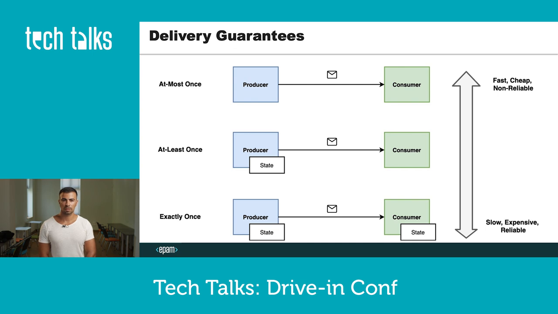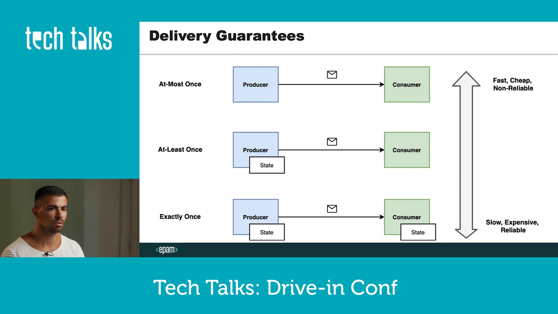So nowadays we have these kinds of delivery guarantees: at most once, at least once, exactly once. They usually involve state. In the very simple case, it's very fast and cheap, where we don't have guaranteed delivery of messages, but it's not reliable. If we want at-least-once delivery guarantee, the consumer might receive a message more than once. This is usually okay.